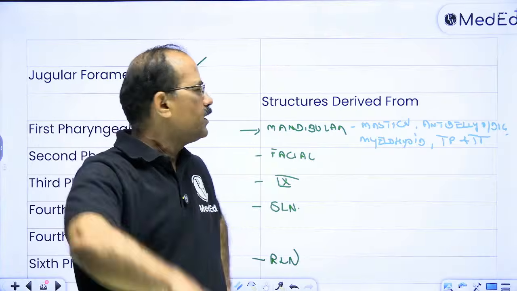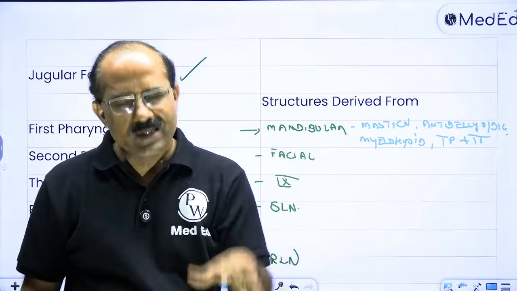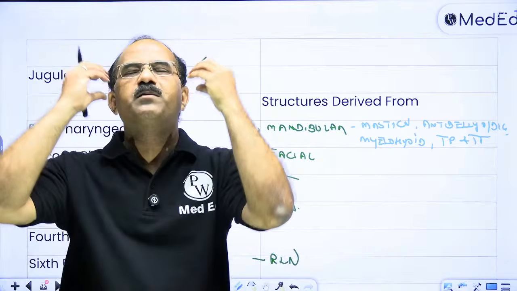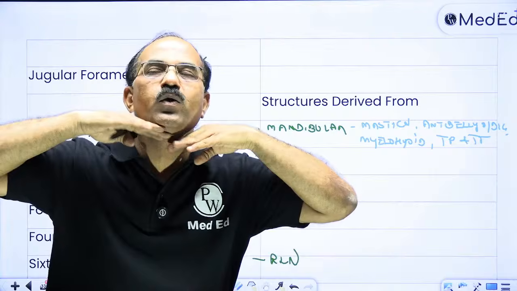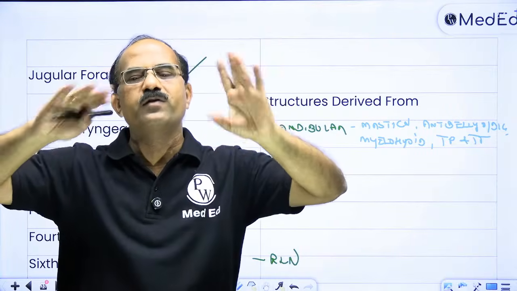So the mandibular nerve is the nerve of the first arch. The muscles formed in the first arch are the muscles of mastication, tensor palati, tensor tympani, the mylohyoid and the anterior belly of digastric.